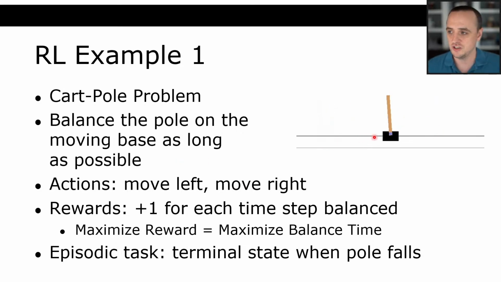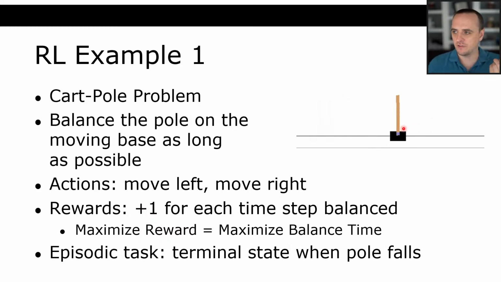So you've got this cart here, which is essentially your hand, and you're moving it back and forwards, right? And the actions are move left and move right. And the rewards are, well, if my goal is to have the pole be balanced for as long as possible, then I'm going to give a positive reward of, let's say, +1 for each time step that it remains balanced.